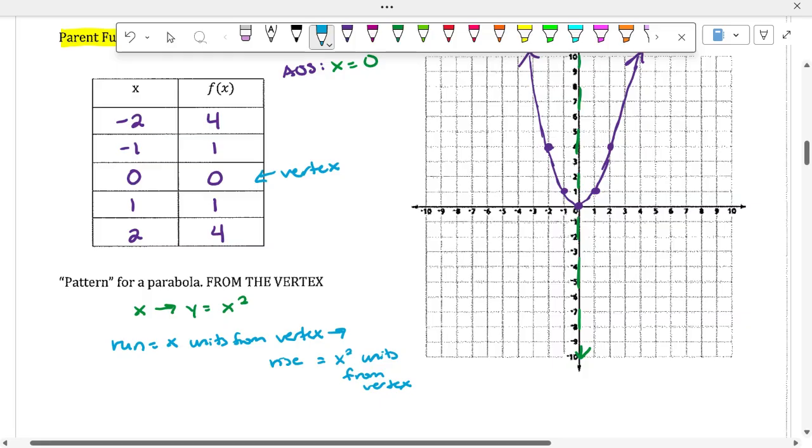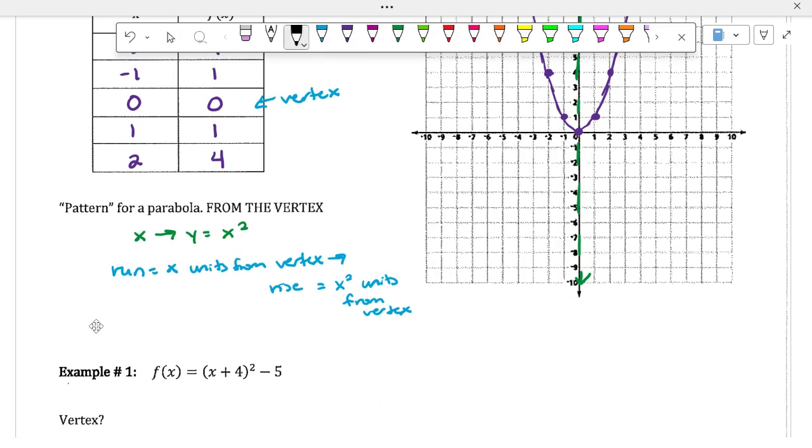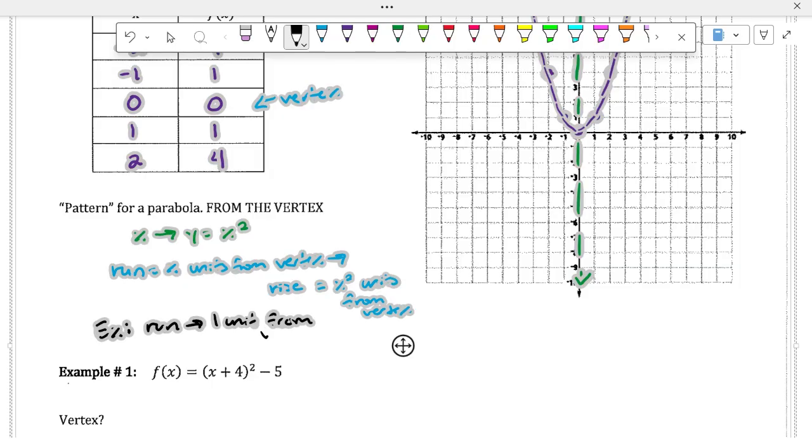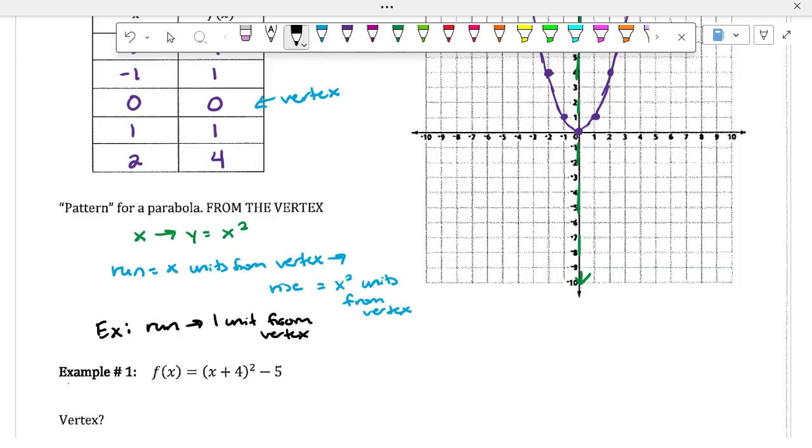So what does that mean? All right, example. If I want to go one out from the vertex, so my run is 1 unit from vertex. That means my rise would be 1 squared up because it's not negative. So 1 out, 1 up.